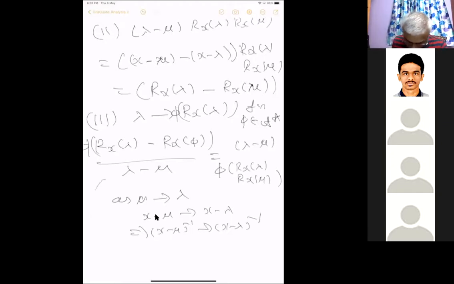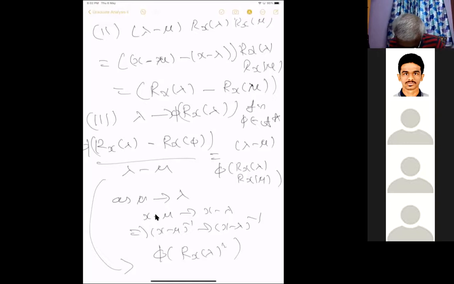So this whole thing will go to phi of Rx lambda square. The lambda minus mu gets cancelled. Sorry, that's what I was wondering, why I was getting 0.